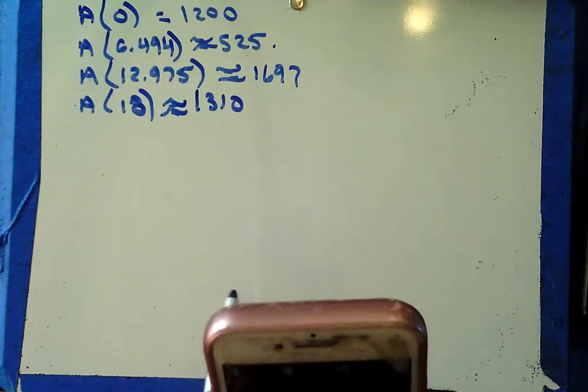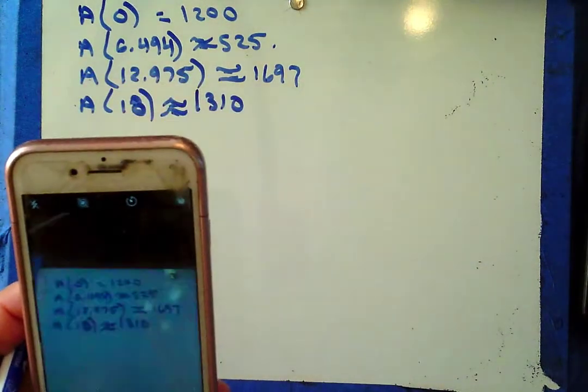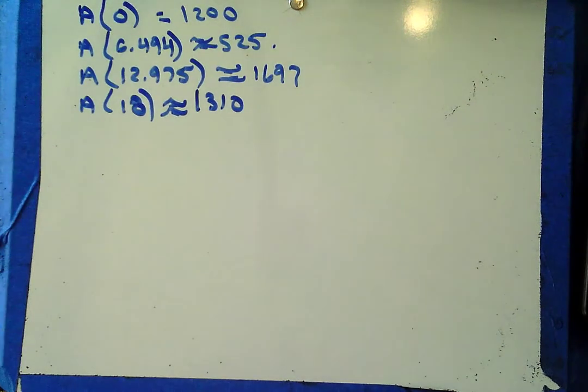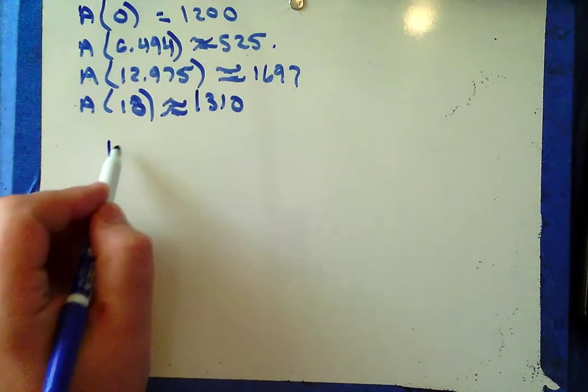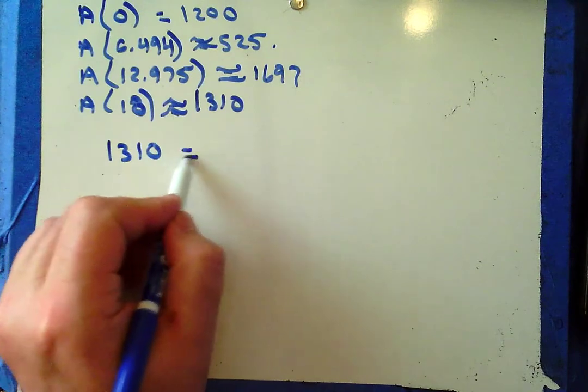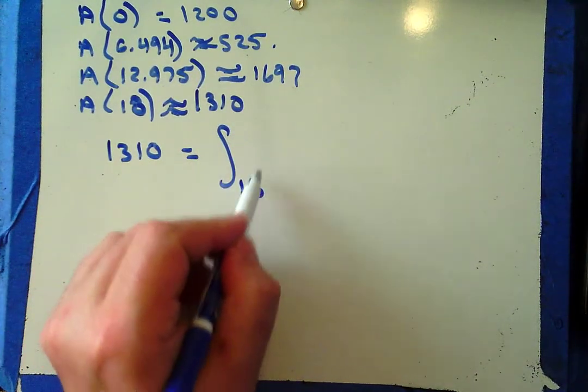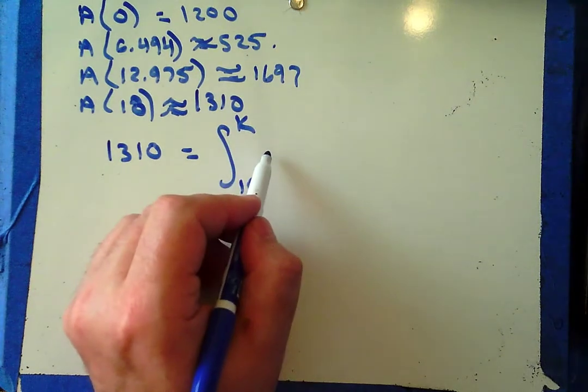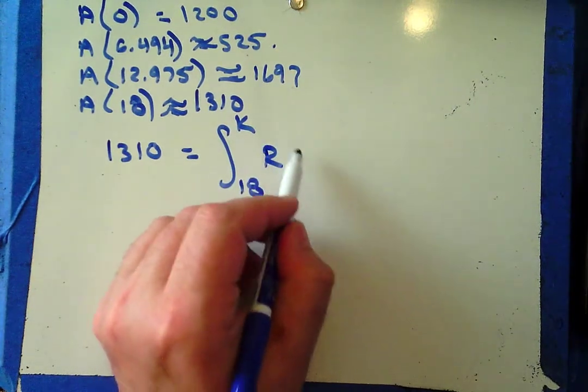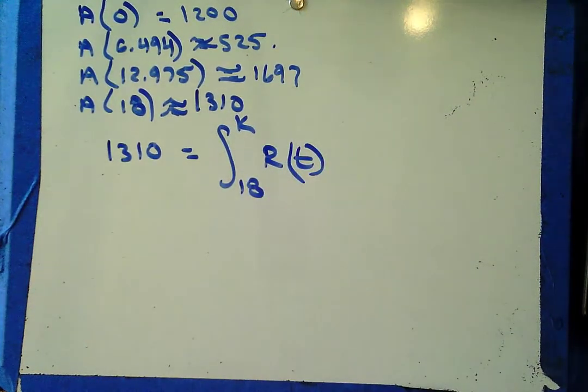So let's take that one. And K is the time the tank is empty. Write but do not solve an integral equation that could be used to find the value of K. So I could say I have 1310 gallons to figure out, and we're going from 18 to K, and we're just doing R of t. That's my integral there.